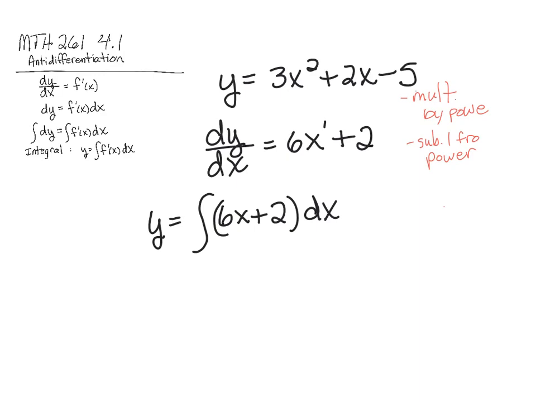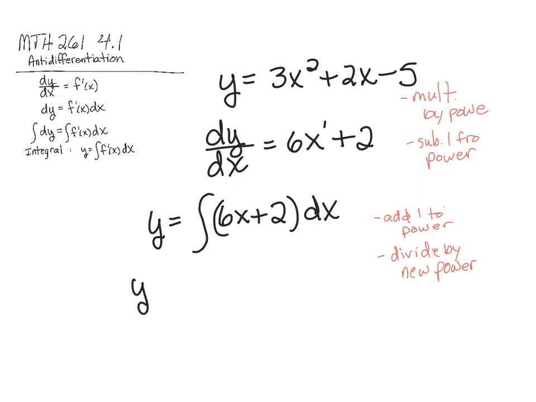So now what we have to do is first add 1 to the power, and then the opposite of multiplying will be divide by the new power. When we do this, we'll see that we get what we started with back again.